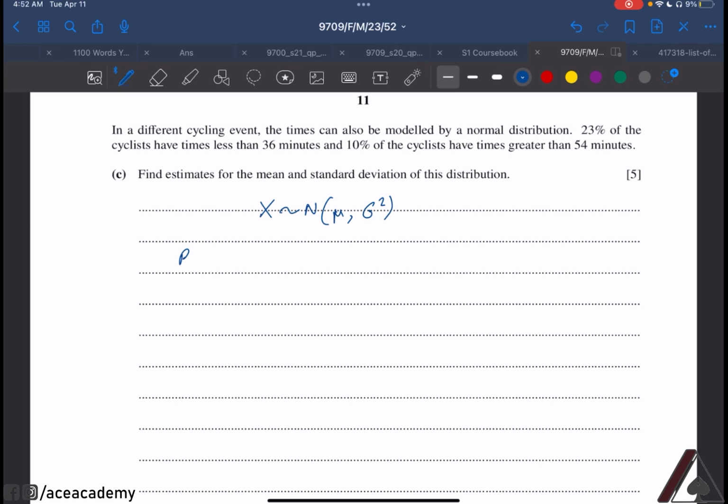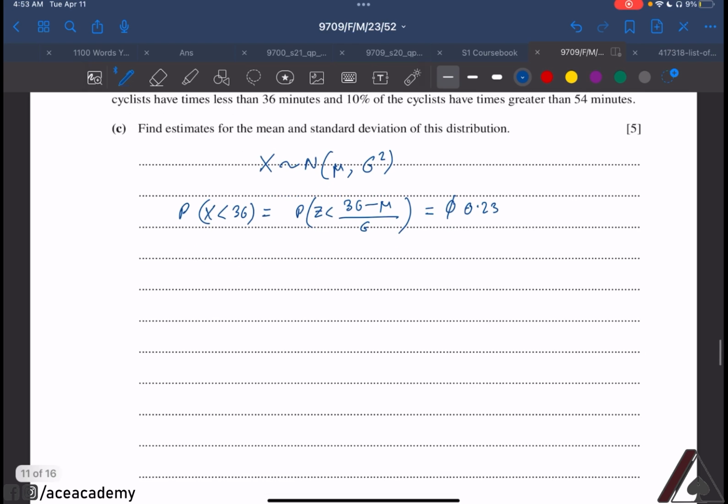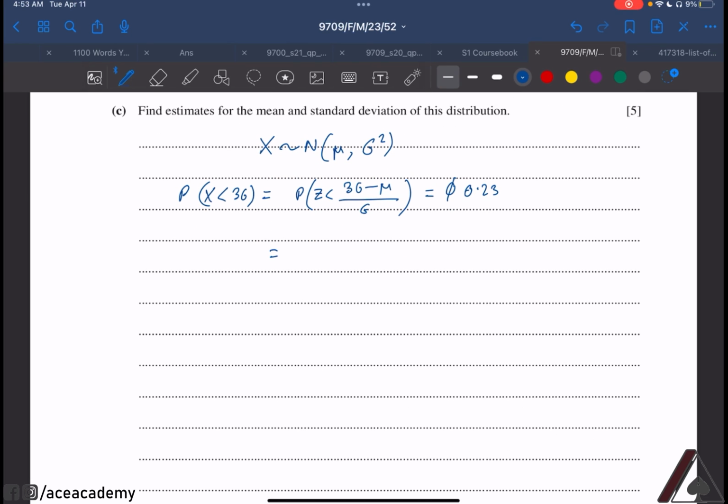So probability of x is less than 36 equals probability of z is less than 36 minus mu by sigma, which will give us an area of 0.23. All right, then we can't find probability less than 0.5, so we have to convert this.